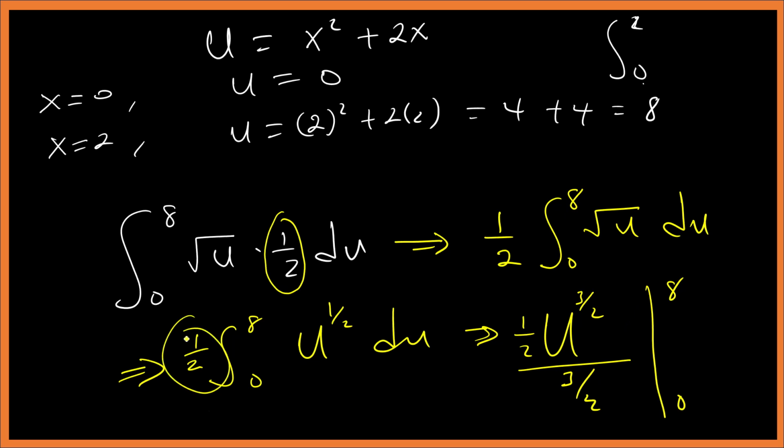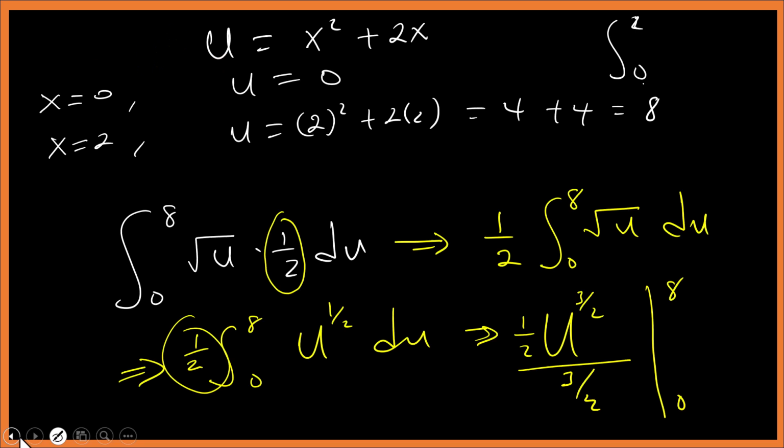So this is the half. All right, so from here, we have half, u to the 3 on 2, divided by 3 on 2.